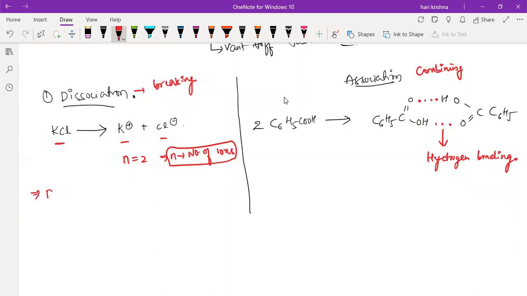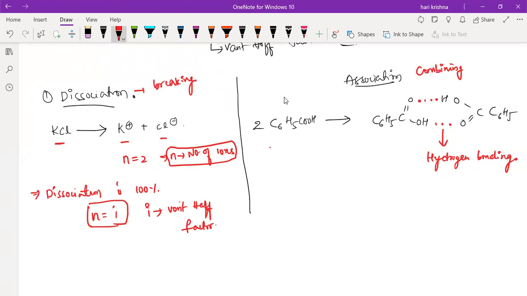If dissociation is 100%, the value of n equal to i, where i is the van't Hoff factor. Clear this one? Here it is the same.